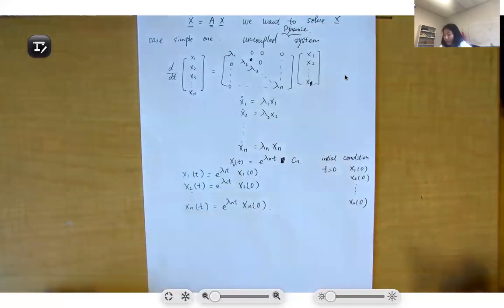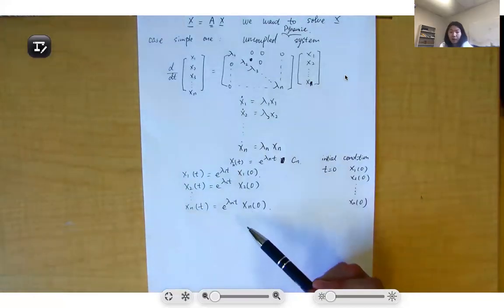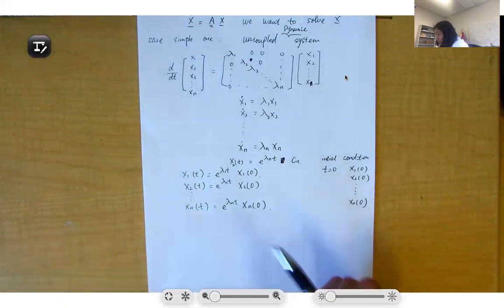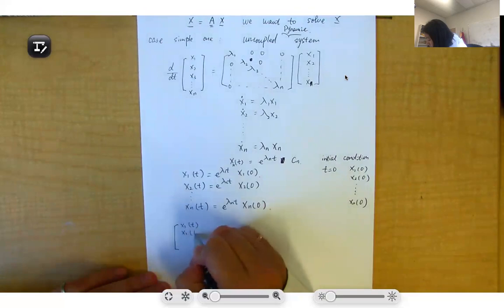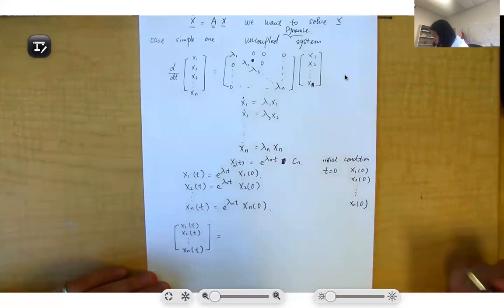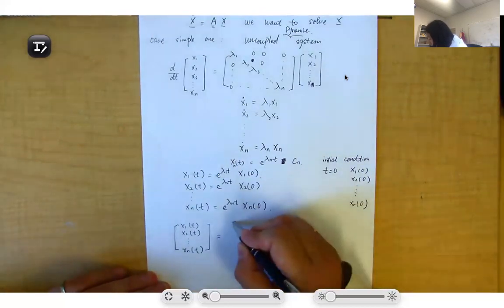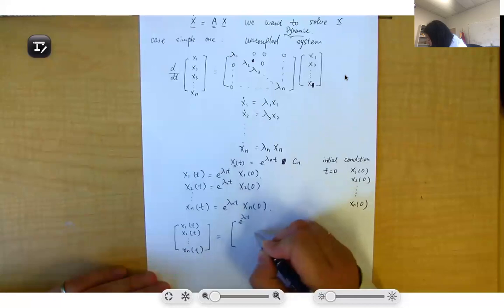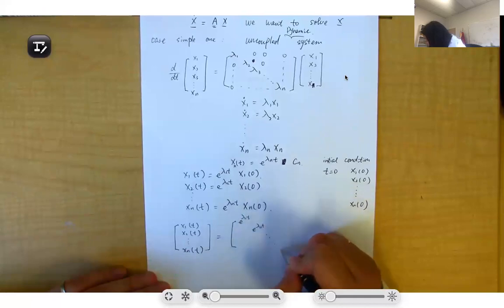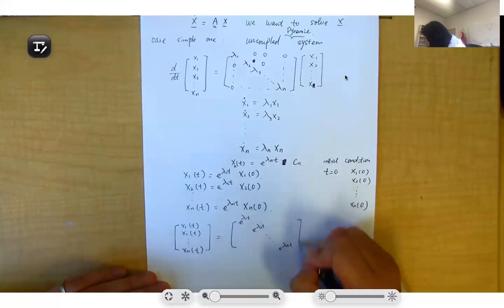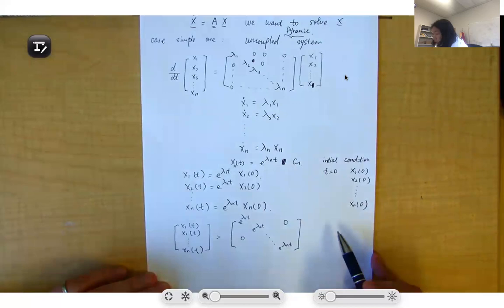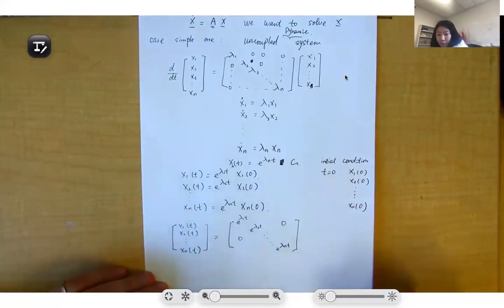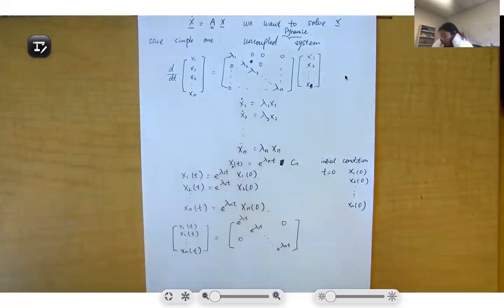And you can rewrite this solution as matrices, where x1(t), x2(t), until xn(t) equals a matrix with e to the lambda 1 t, e to the lambda 2 t, until e to the lambda n t on the diagonal, and all the other parts will be 0. This is a diagonal matrix because they are uncoupled; they are not influencing each other from x1 to xn.